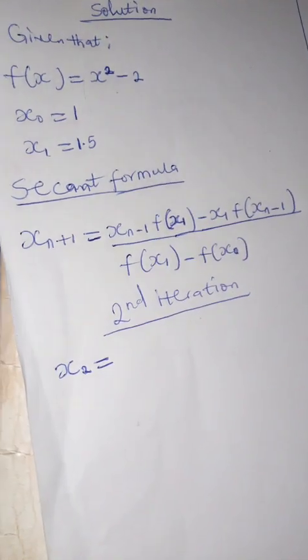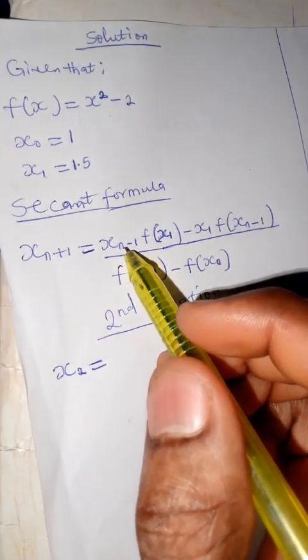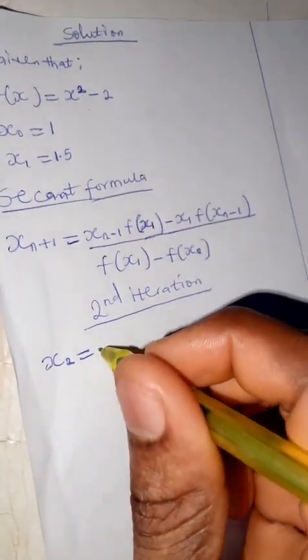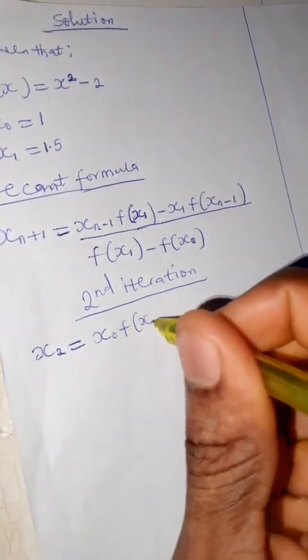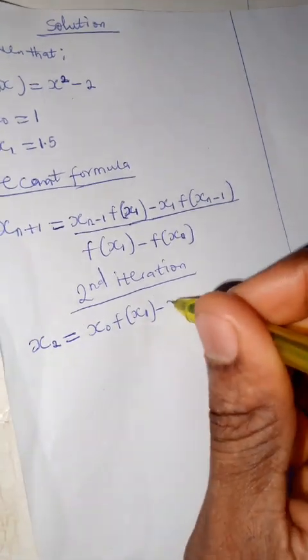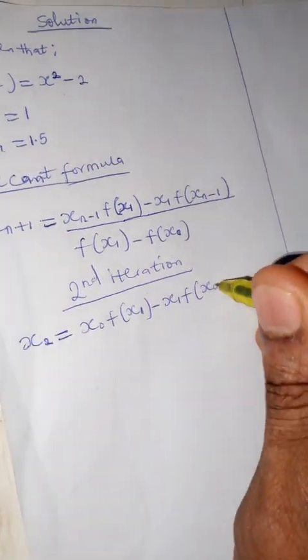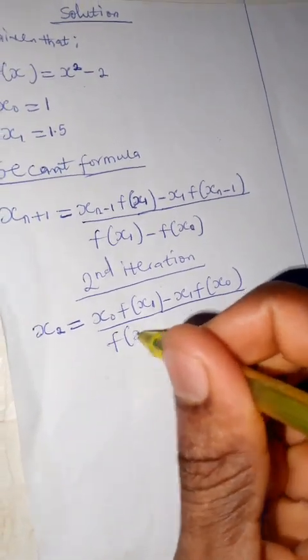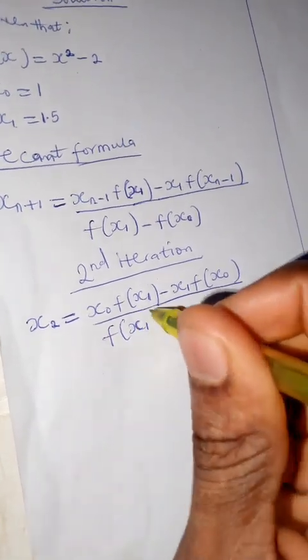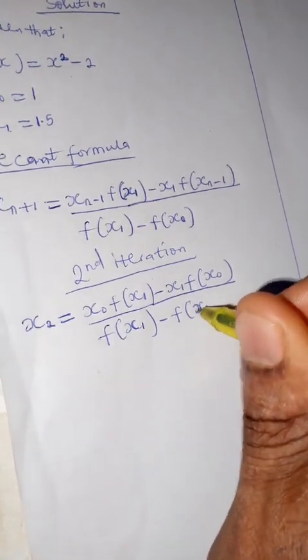So we're going to start with this. For x2, n is 2, so x0 is 1 minus 1 is 0. So here it will be x0 f of x1, minus x1 f of x0, over f of x1 minus f of x0.